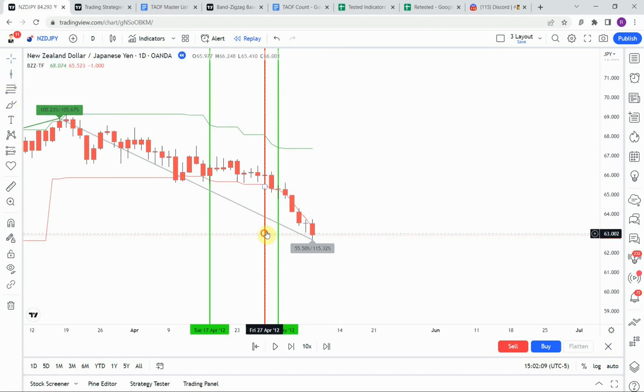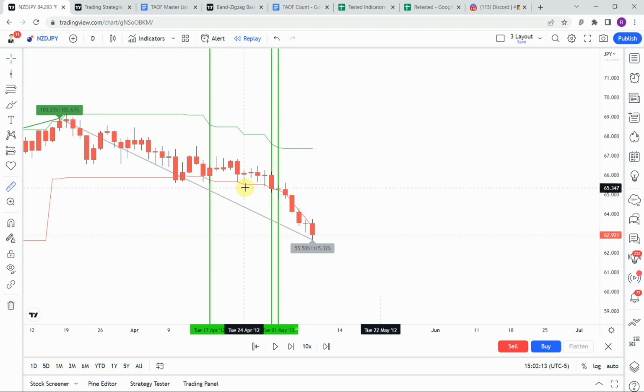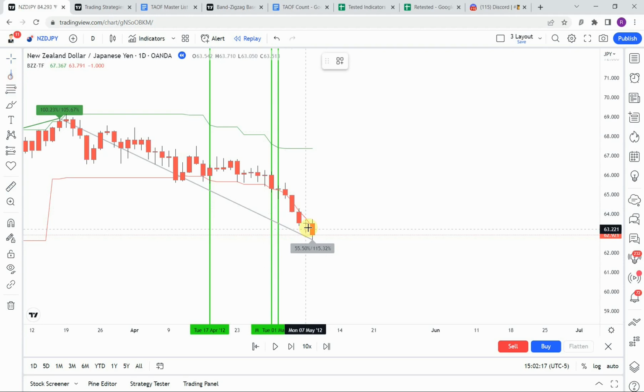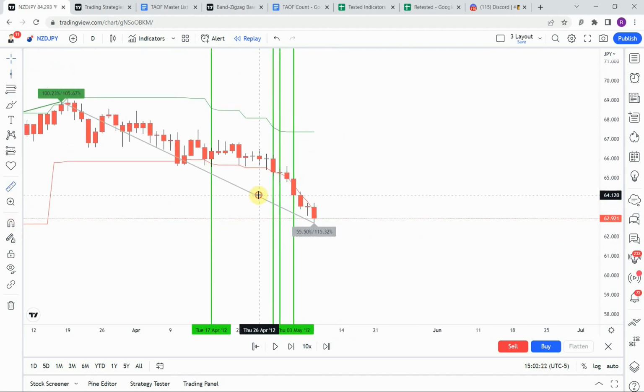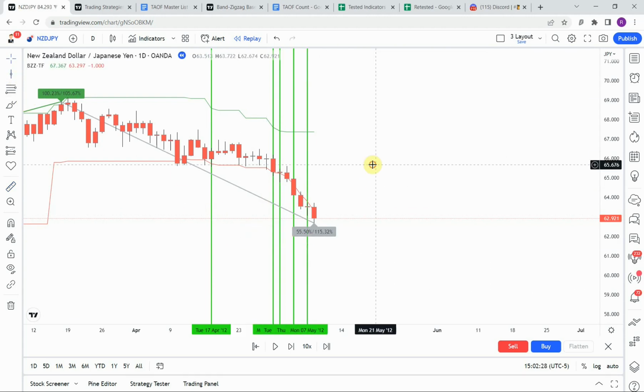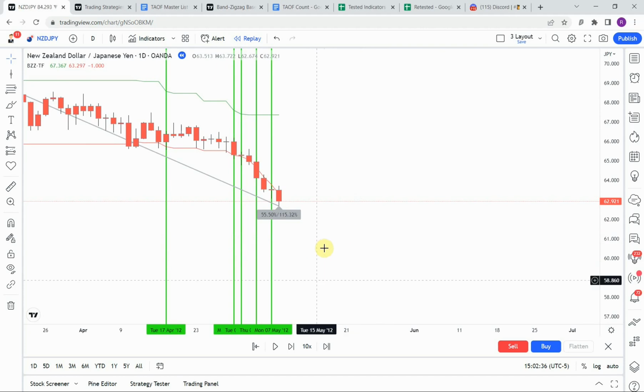We would also re-enter, and so you can see how now we're just kind of stepping it down following the trend, very similar to how we did with the monster breakout indicator in that video. If you're interested in seeing how that works, go ahead and jump onto the monster breakout indicator that I did, I don't know, maybe a week or so ago, the advanced testing. All right, let's go ahead and continue on.